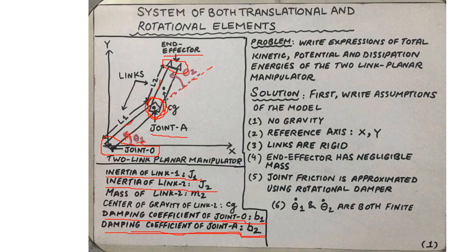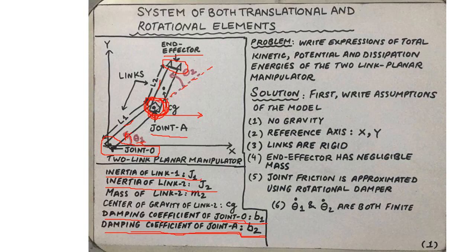However, in case of link 2, it is going to exhibit two types of motion, one of them being the rotational motion about joint A. However, there is another type of motion that will be the translational motion due to the fact that the joint A is not fixed and it can move as the link 1 rotates.